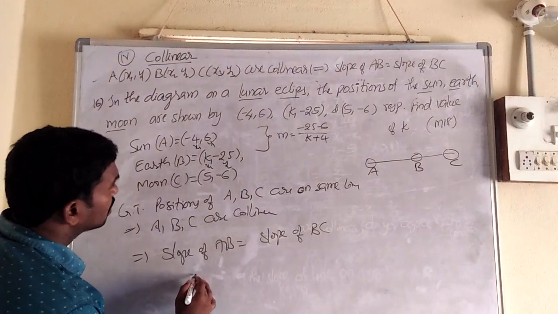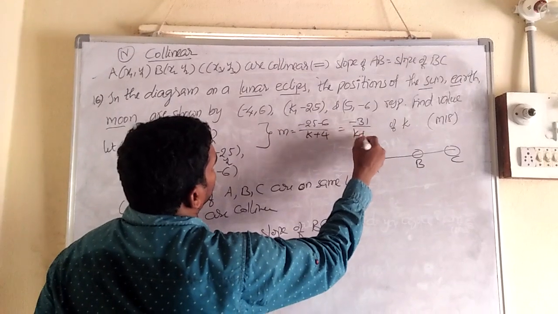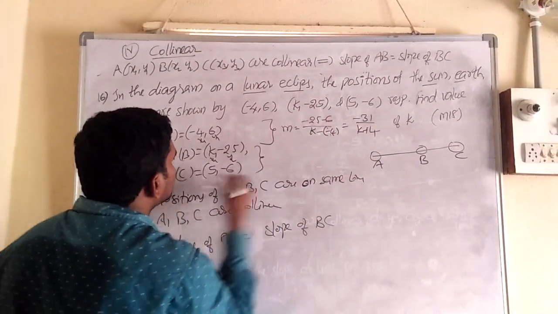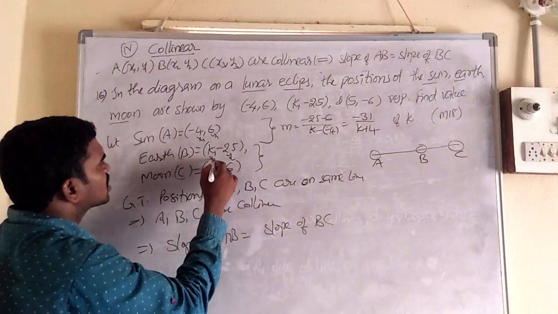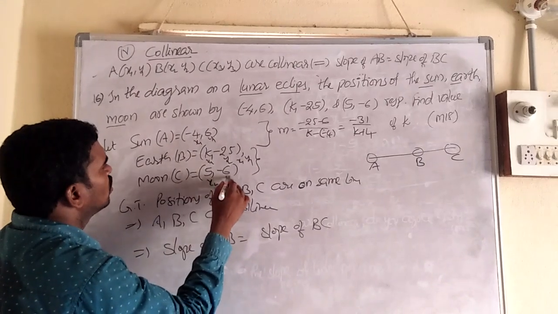So we are getting slope of AB equal to -31 by (k + 4). Here, minus of minus 4 becomes plus. Next, for B and C, it becomes x1, y1 and x2, y2.